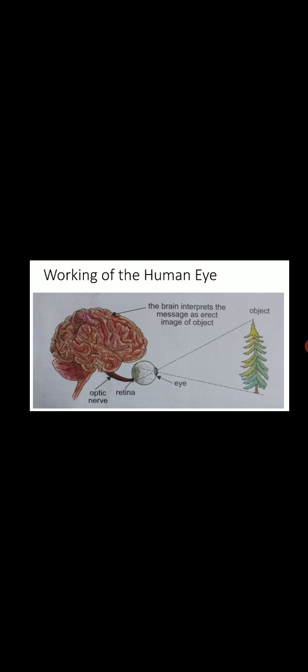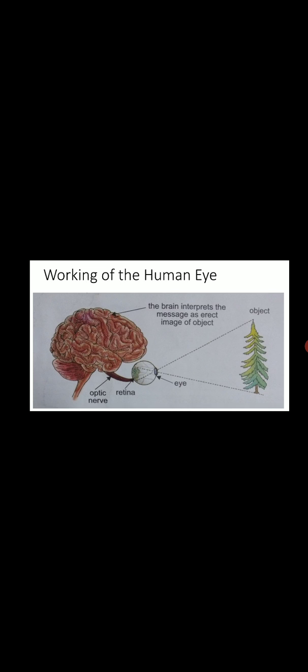So when we see an object, the light rays coming from the object enter the pupil of the eye and fall on the eye lens. In our eye there is a double convex lens which converges the light rays.